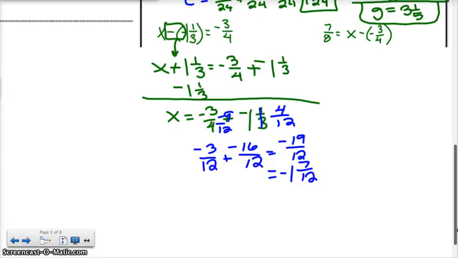All right, last one. I want you to try this one on your own. Okay, my variable's on the right, so I am getting it to the left first, just so it makes me feel better. Rewriting minus a negative as plus.